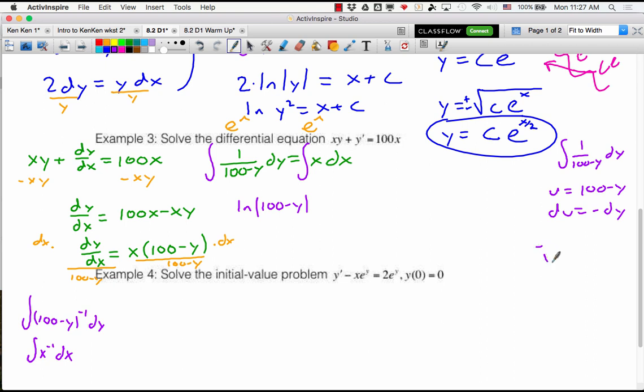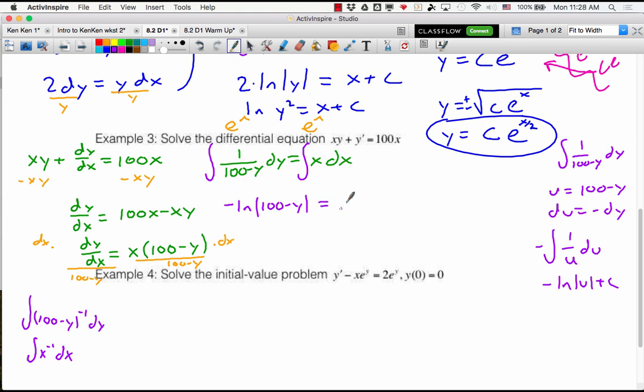You say negative integral of 1 over u du. When you integrate, it would be the negative natural log absolute value of u plus c, and then you plug back in for u. So you can do this, you just have to remember it's negative. The fact that it's 100 minus y means it's a negative. And if I took the derivative of this, ladies and gentlemen, you would get exactly 1 over (100 minus y).